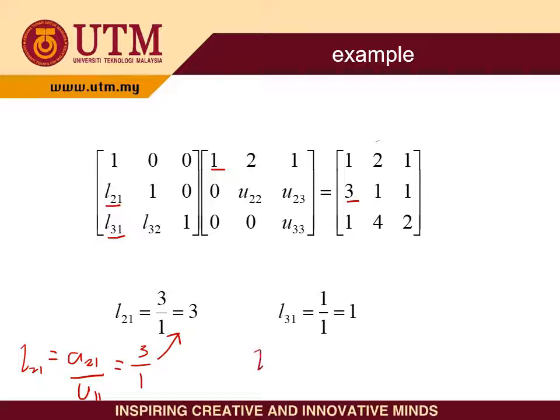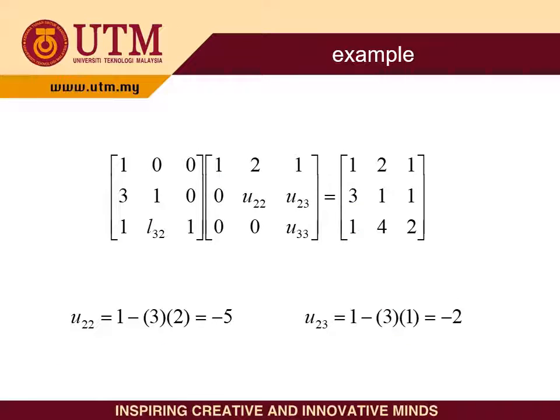For L31, you want A31 divided by U11. A31 is 1, and U11 is also 1 here, so you get 1 as the answer.